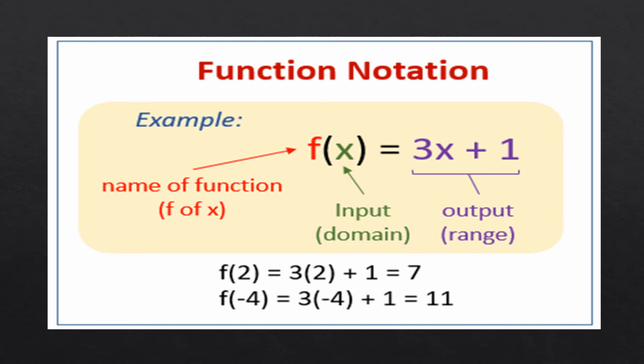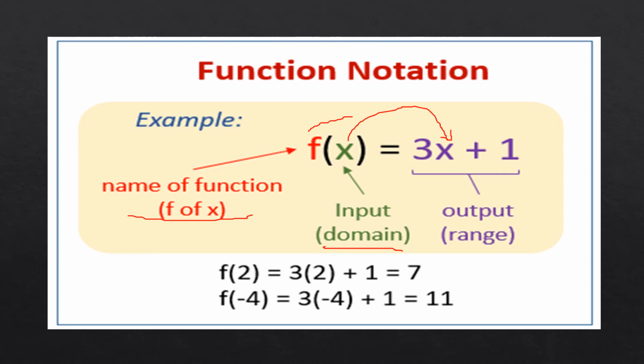So we have here function notation: f of x equals 3x plus 1. This x we call the input, the domain. We put it here and then solve that equation. The name of the function is f of x.